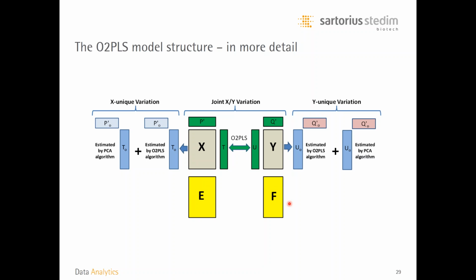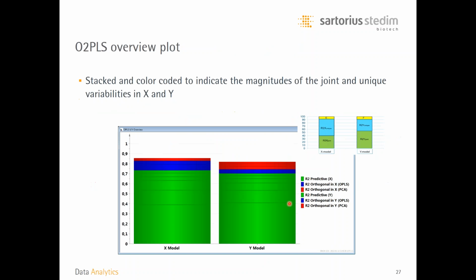And if you look very carefully at the OPLS overview plot that I was showing 2 slides ago, there are different colorings in the orthogonal in X and orthogonal in Y parts of this plot, and that coloring is used to indicate the estimation principle for the orthogonal components, whether they were estimated as part of the OPLS algorithm or the late ensuing PCA step after the convergence of the OPLS algorithm.